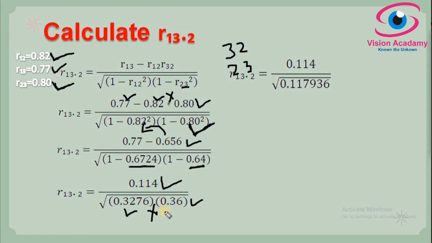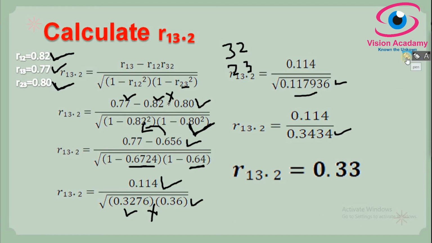When I multiplied that, I got 0.117936. In the next simplification I have to take the root of this value. The root of that value is 0.3434, and next we got the final value of R13.2. R13.2 is 0.33.